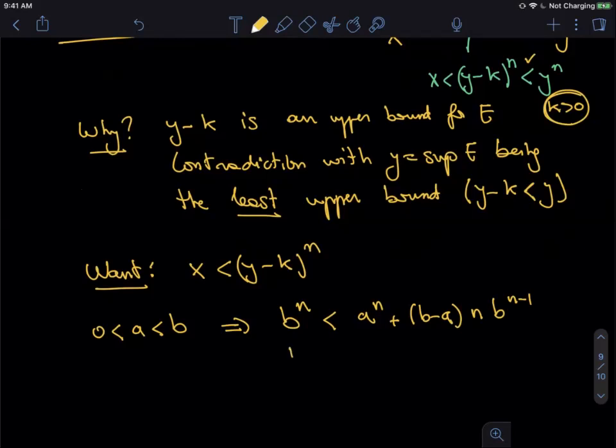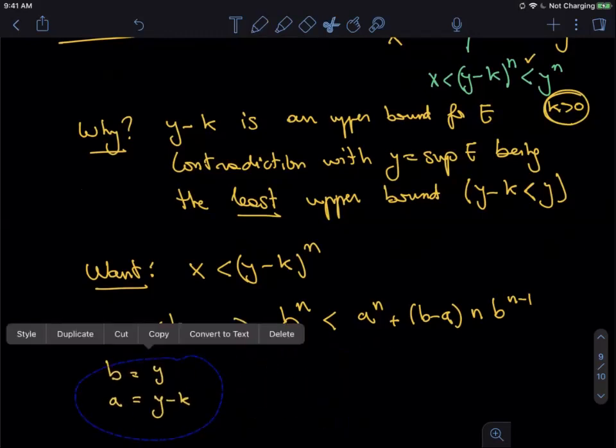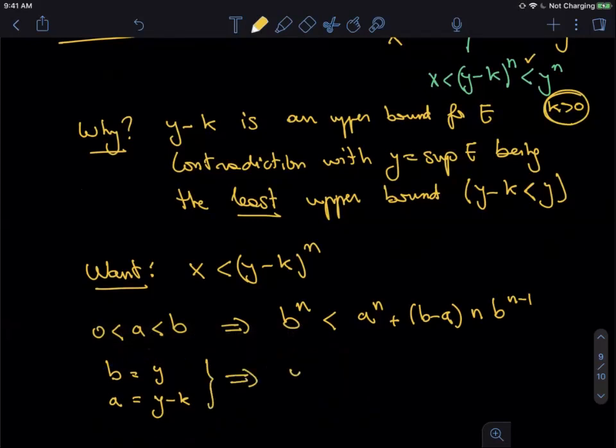Okay, and here what are we going to choose? We are going to choose b to be the largest, so that's got to be y, and a is y minus k. So then the two of them together: y^n less than (y-k)^n plus (b-a), which is minus k. Sorry, b minus a is plus k, times n times y^(n-1).